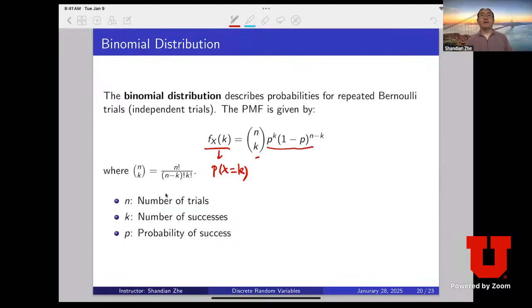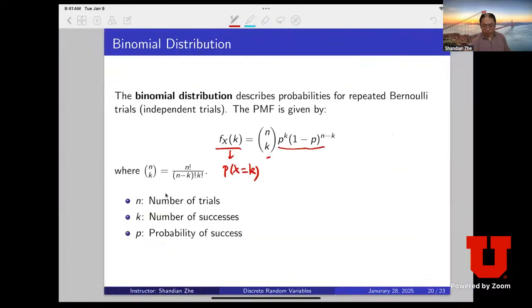The total number of sequences is computed by this n choose k, because among all n trials, we want to count which sequences contain only k successes or heads. The formula is here.